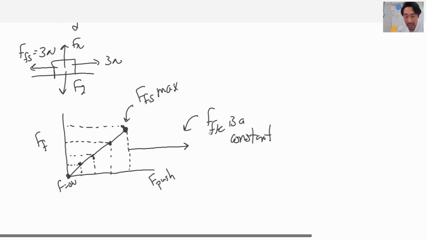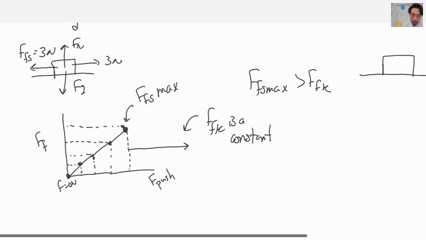And so force of friction static max will always be greater than force of friction kinetic. But the unique thing here is that the force of friction kinetic will always be constant. It doesn't adjust according to how hard you push. And so what that might look like, it will look something like this.